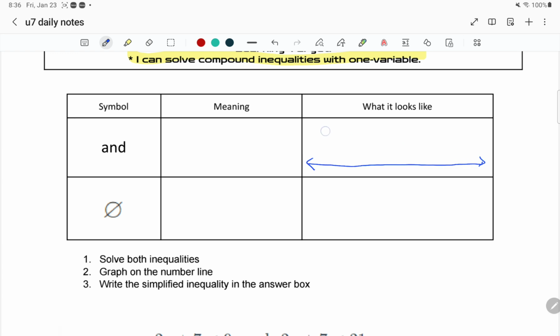If I've got an inequality that's going this way, and another one going the same way this time, I only want when this one and this one are around, and that's only right here where they overlap. They're both there at the same time. So and means we keep the overlap.